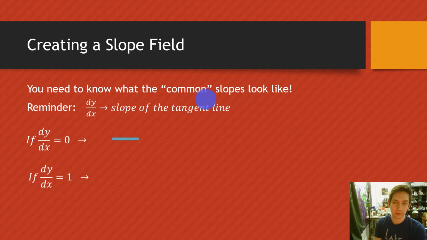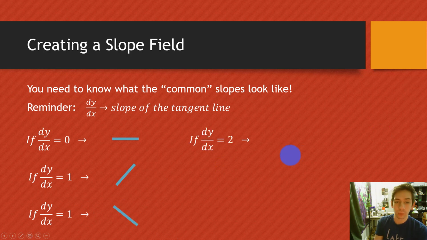Likewise, if dy/dx is equal to 1, then we would draw a slope of 1, increasing like a 45-degree angle. And if it's negative 1, it'll be decreasing. But we should know what will happen if we increase our slope to 2.